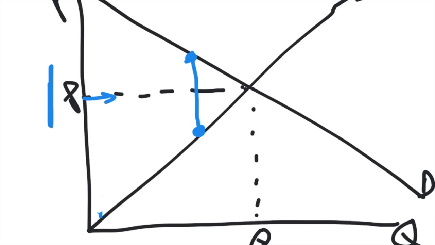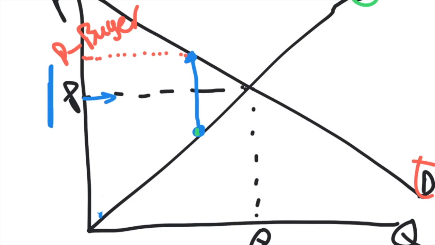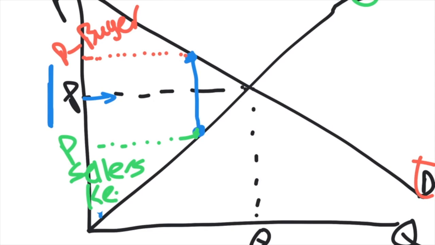So this price right here is off of the demand curve, right? So who pays that price? Well, that price is paid by the buyer. Remember, buyers are paying the higher price because of the tax. Their prices went up. Well, what do sellers keep? Sellers keep a lower price. Since this is a supply curve and our wedge hits the supply curve right there, we just dot over from that point, and that is the price that sellers keep.